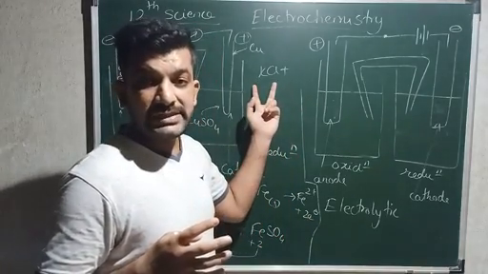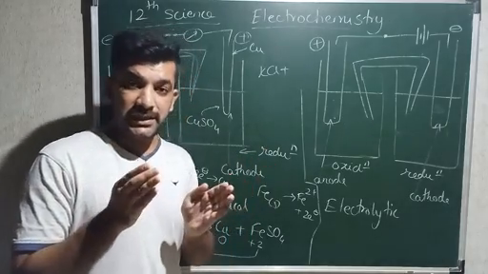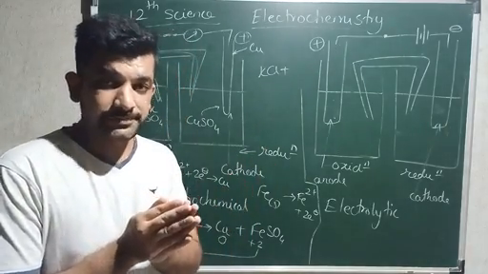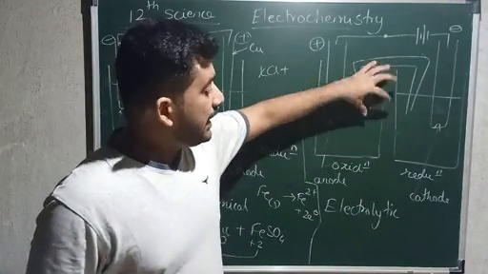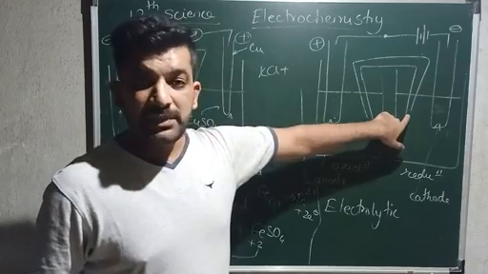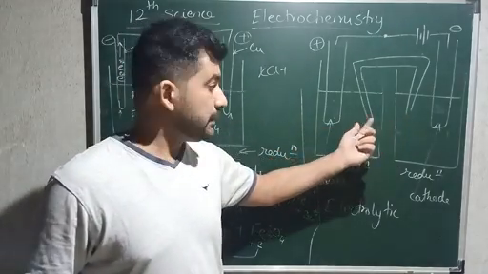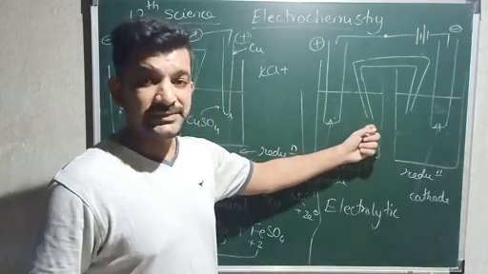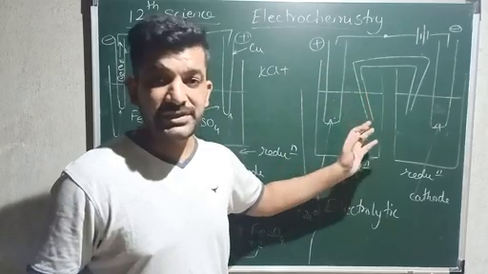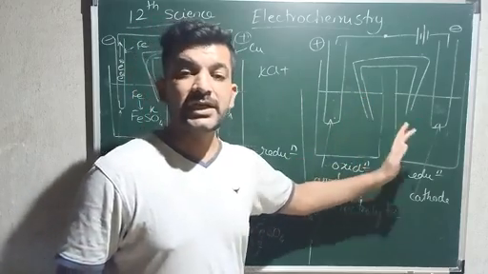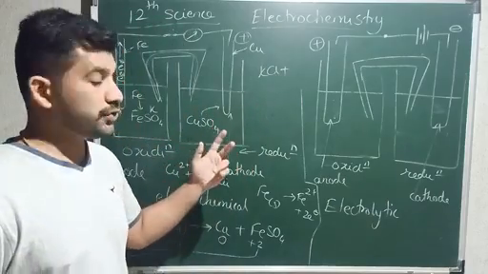They are mixed together and filled in this salt bridge, and sealed by cotton from the bottom. So K+ ions move from that bridge and help for the electrical contact between these two solutions.